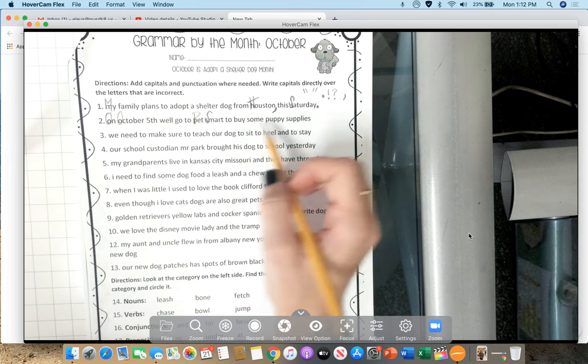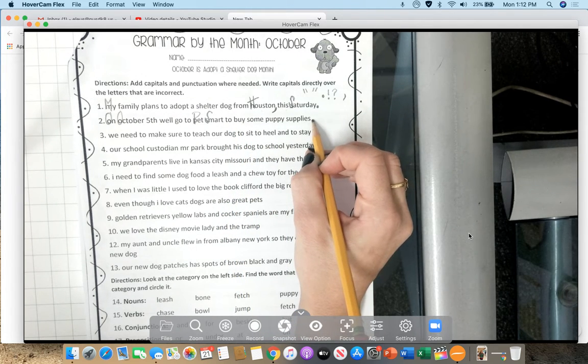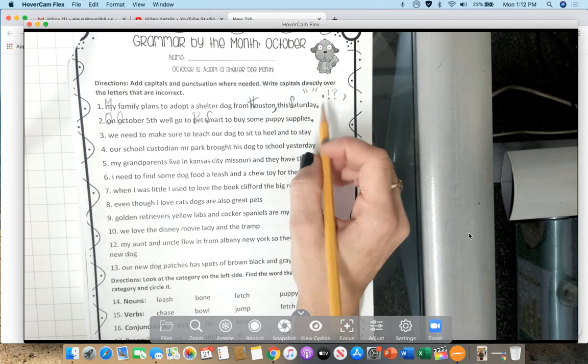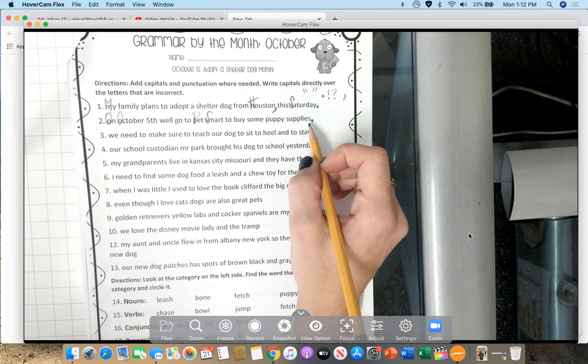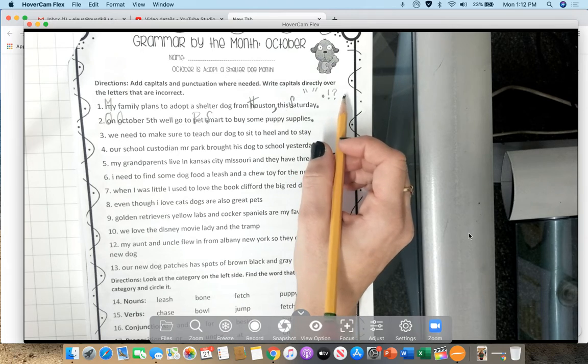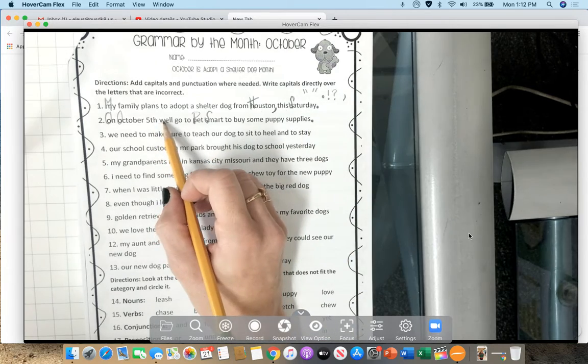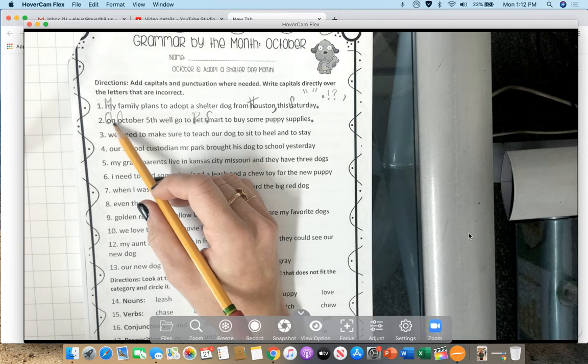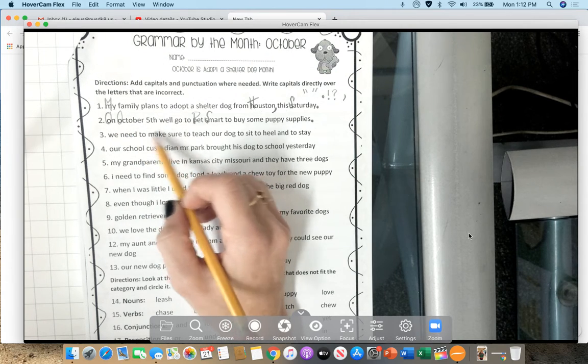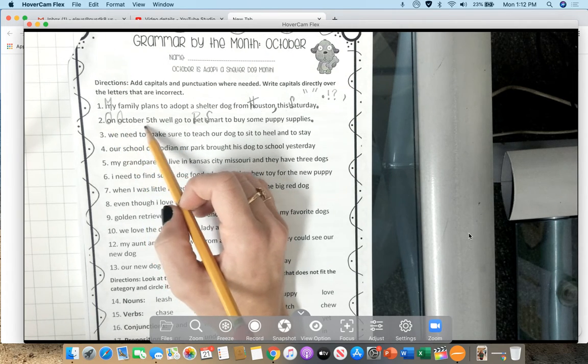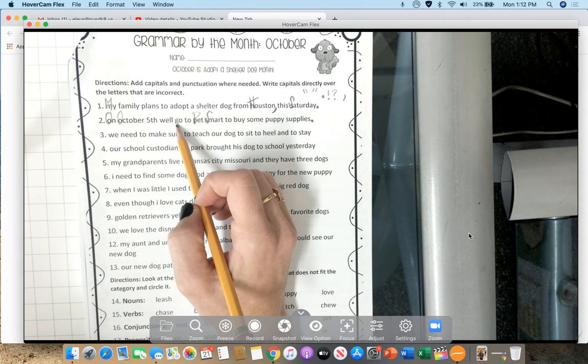Let's look at punctuation. This will be a statement sentence. It's not a question. I don't have any dialogue, so I don't need quotation marks, but I do see some other interesting issues as far as apostrophes go. Do you notice this word right here? If I said this correctly without a punctuation add-on, it would say "on October 5th, well go."